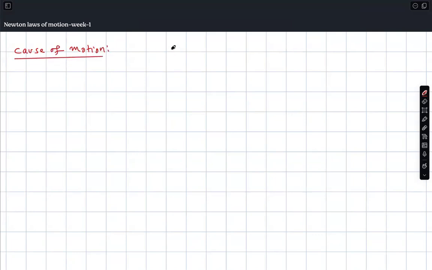Remember, before I start Newton's law of motion, I need to inform you that every body will have a property called inertia. Remember, it is owned by everybody. How I identify this body?